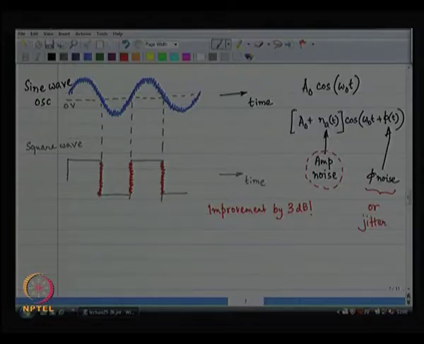Clock jitter, right. So, where the 0 crossing is, there is a little bit of misalignment over there, and that misalignment is random. It varies from cycle to cycle. So, that is called clock jitter. It is the same thing, phase noise is the same as clock jitter.